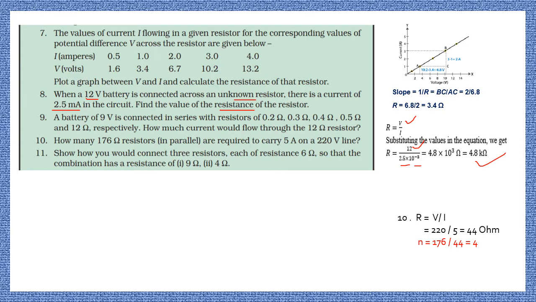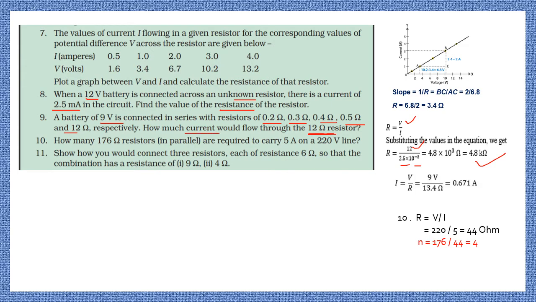Now question number 9. A battery of 9 volt is connected in series with resistors 0.2, 0.3, 0.4, 0.5 and 12 ohm respectively. How much current would flow through the 12 ohm resistor? Okay, here we will use Ohm's law.